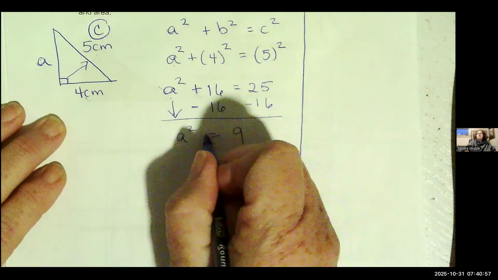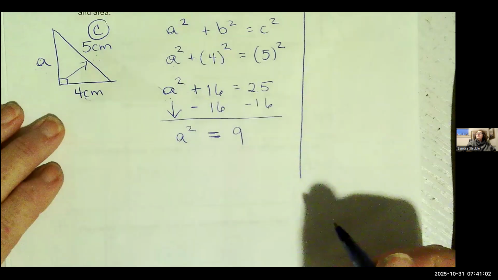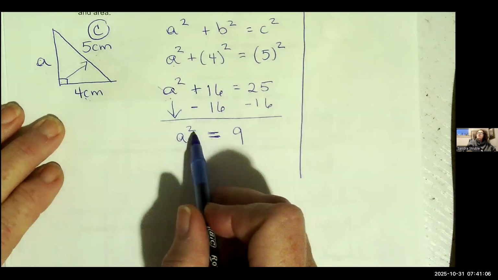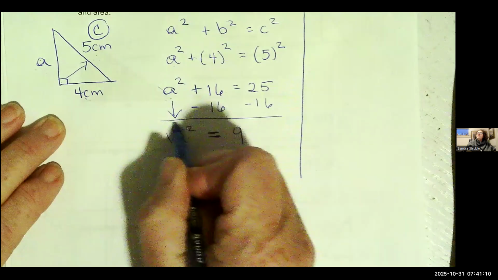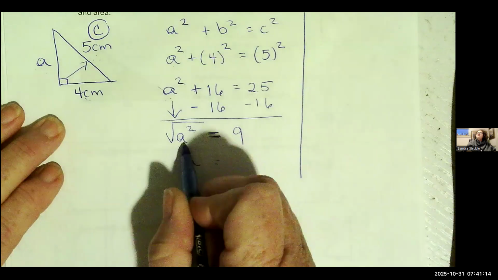All right, just like we did when we were solving for our hypotenuse. The opposite of a square is a square root, and we want just A, not A squared. So I need to take the square root of A squared just to get A. And what I do to one side, I have to do the other because of this equal sign.